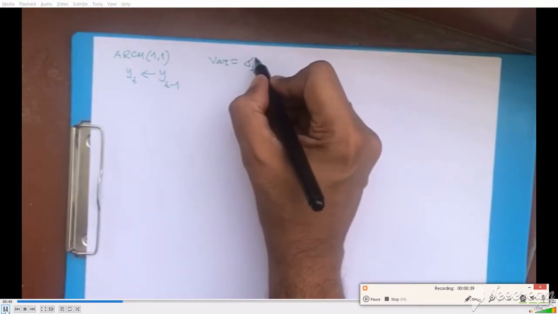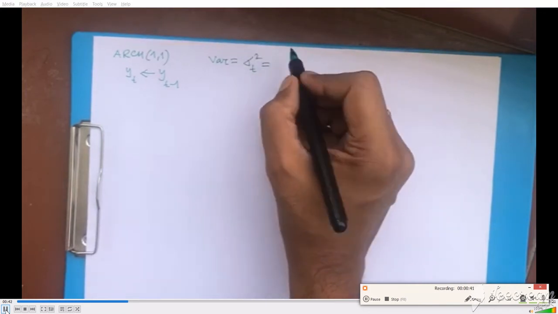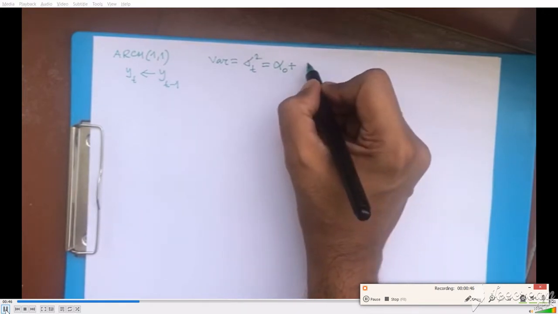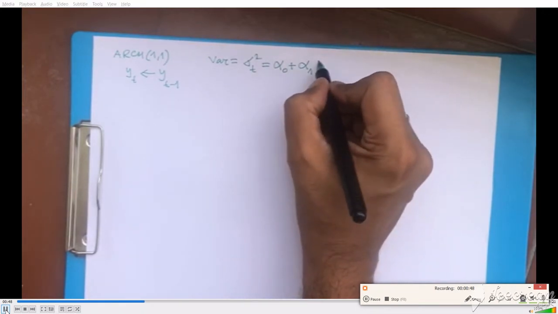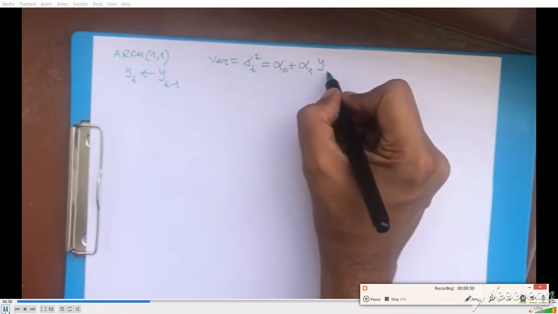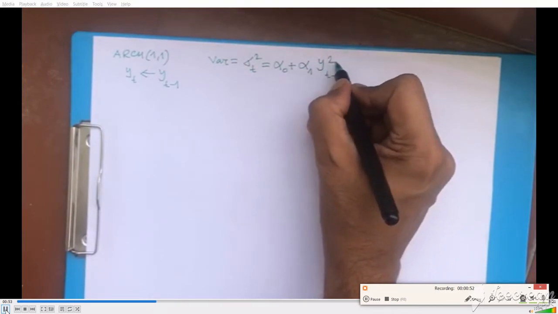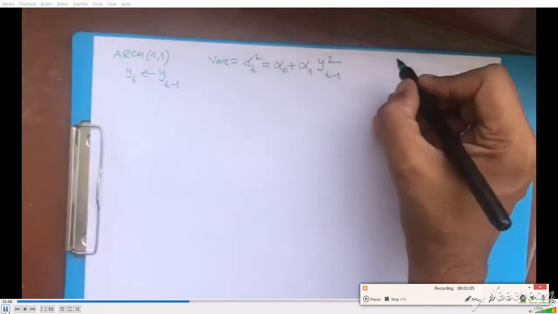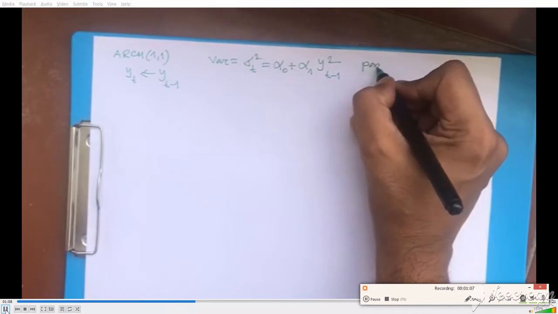Variance, sigma t square, is a function of an intercept alpha 0. Then alpha 1 is the coefficient of yt minus 1 square. So yt minus 1 is the past squared observation to predict the volatility shock.